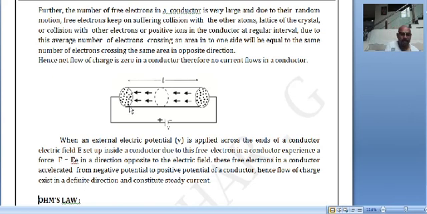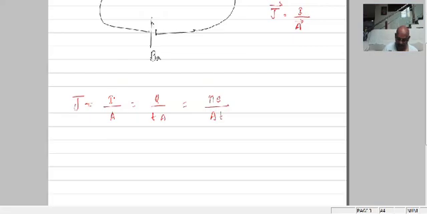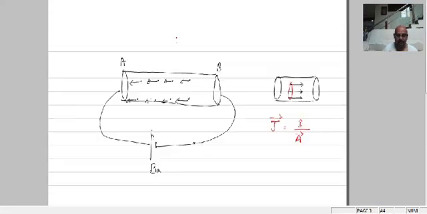Just come back to this point. See here, we have end A and end B. End A is connected to the positive terminal of the battery and end B is connected to the negative terminal, and the electrons are moving towards end A because they are negative charges. Positive charges are immobile, they cannot move because of their heavier mass.